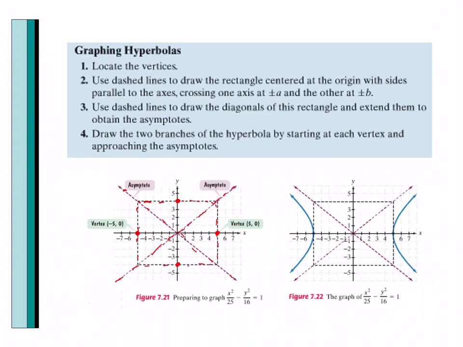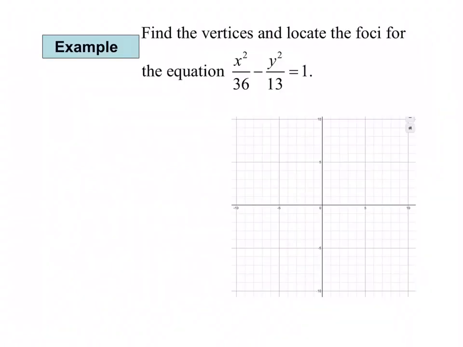The diagonals of the box are the asymptotes. And then when you go to draw in the hyperbola, you just have to approach the asymptotes. Of course, theirs is a lot prettier than mine, but that's what you do. Draw your 4 points, make a box, diagonals of the box, and then draw the hyperbola.